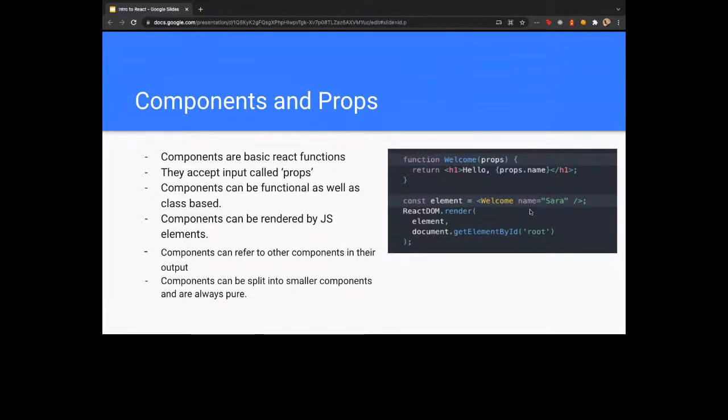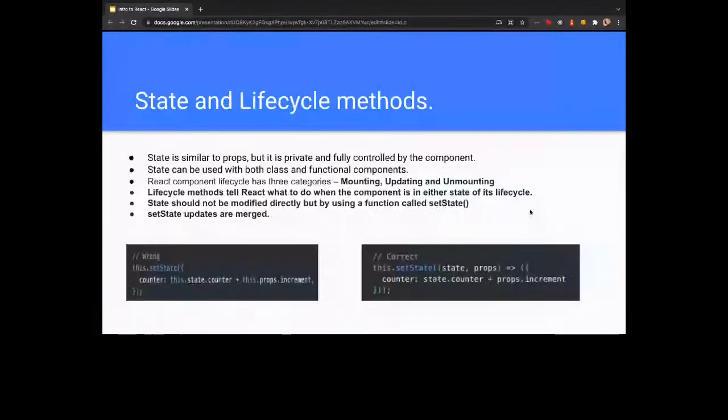Components can also be split into smaller components, but components should always be pure. That means they can never change their inputs, because React elements are always immutable. Now we are going to talk about state and lifecycle methods.